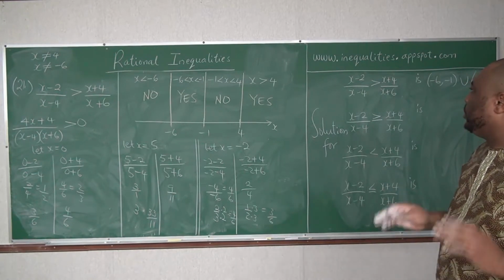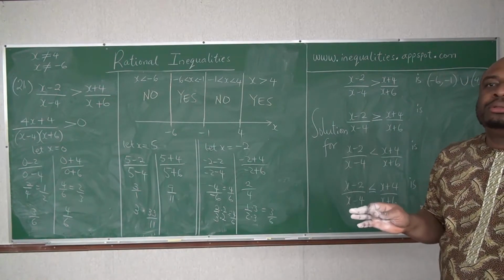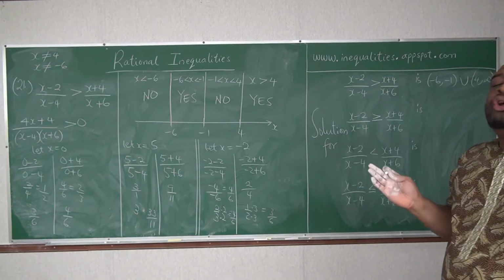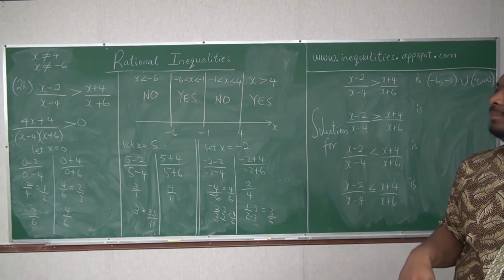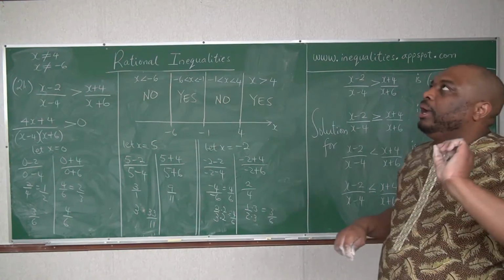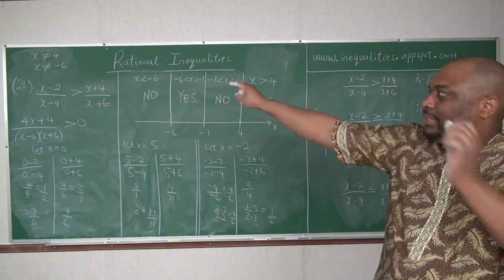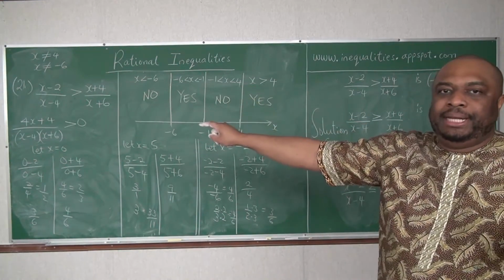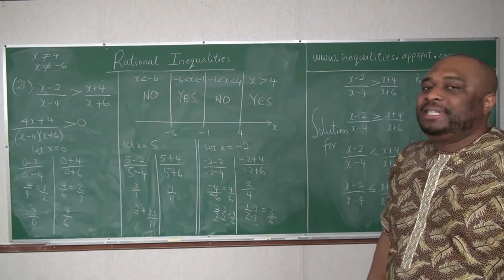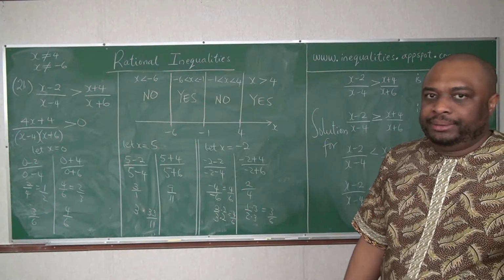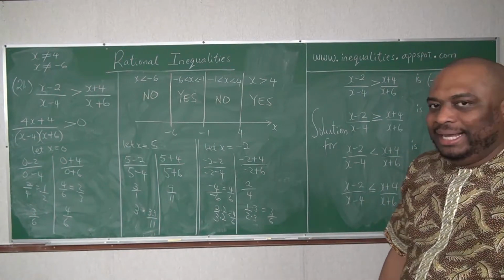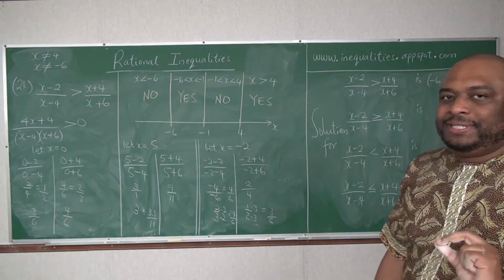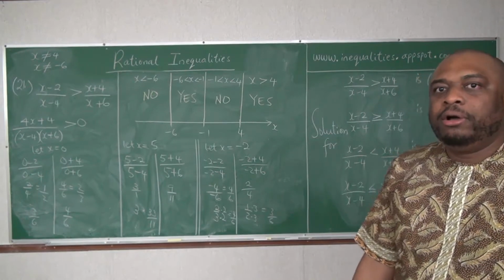Now the second one, greater than or equal to. We have to consider the closed interval, the equal sign. However, we have to note that 4 would not be in the domain. Negative 6 will not be in the domain.